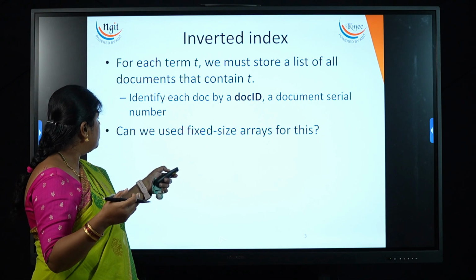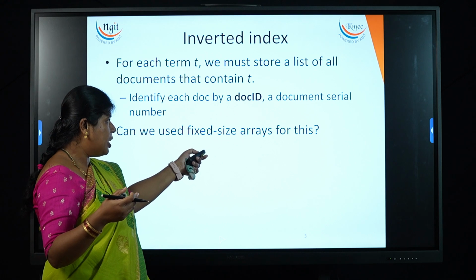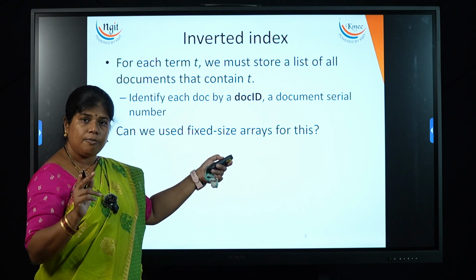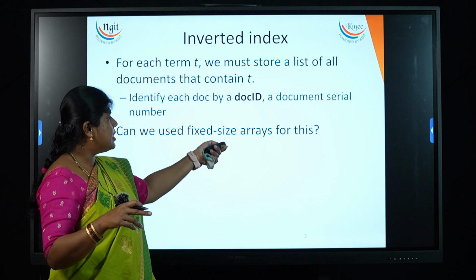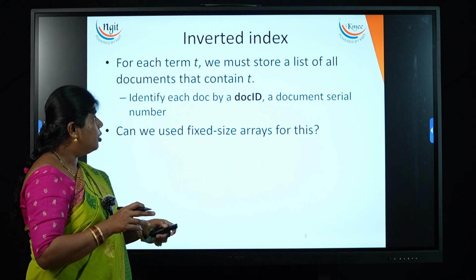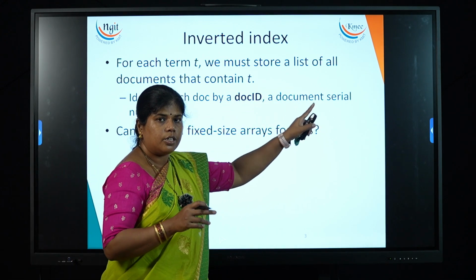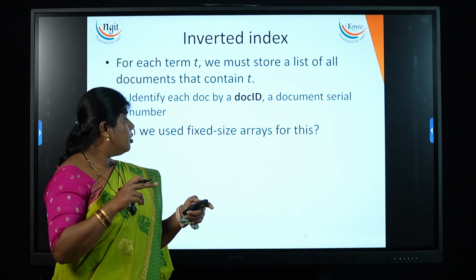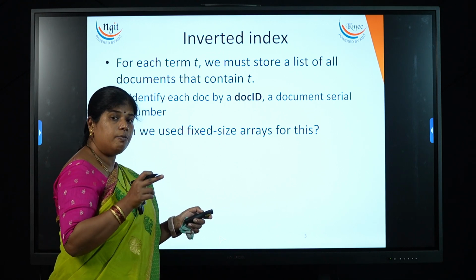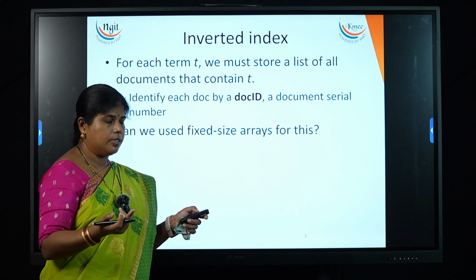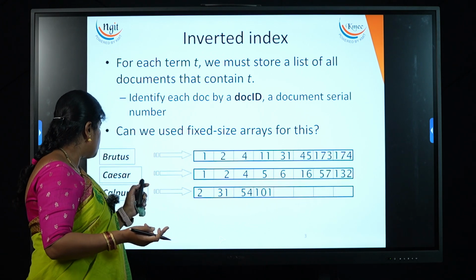Now here a question comes to our mind: can we use a fixed size array for this representation? I want to store a list. List means what? It is an array. Now will this array be of fixed size or variable size? How are we going to store it?